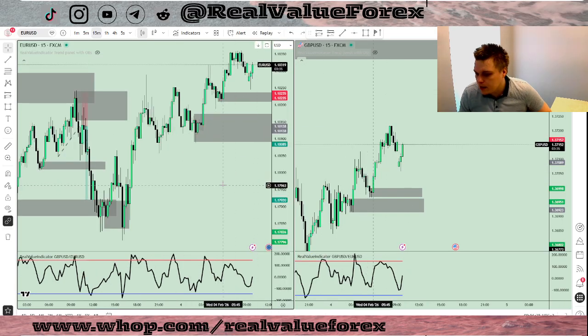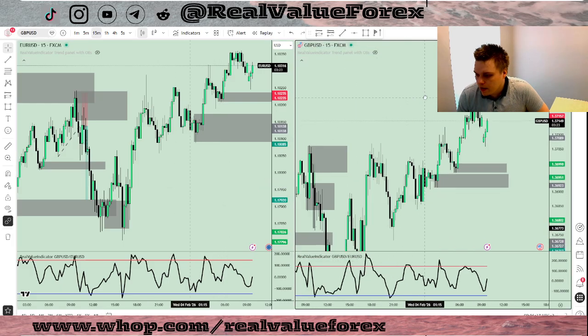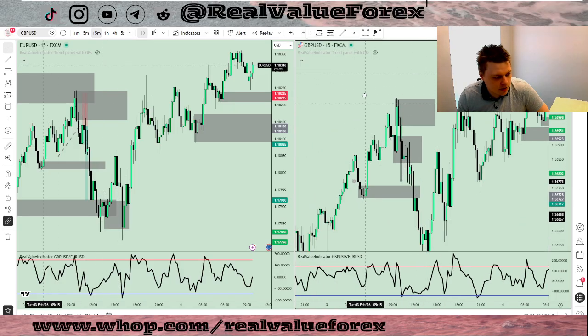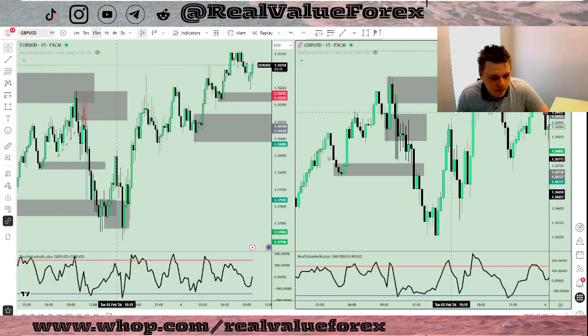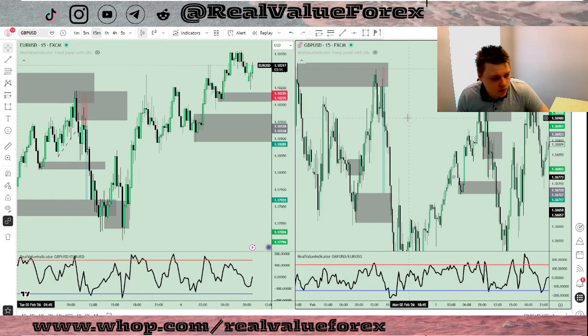Right now it looks like it is getting cleaner and cleaner in my head, if we can identify correct order blocks. So for example, with GBPUSD, what we had in here, that was correct, that was just a loss. Maybe the only thing was that we hit at this main order block.